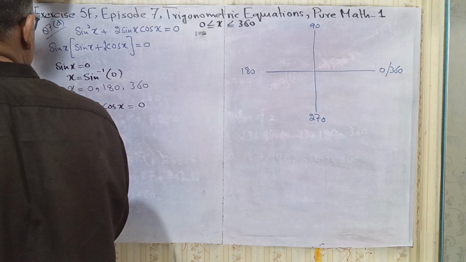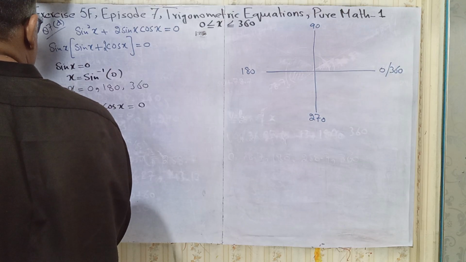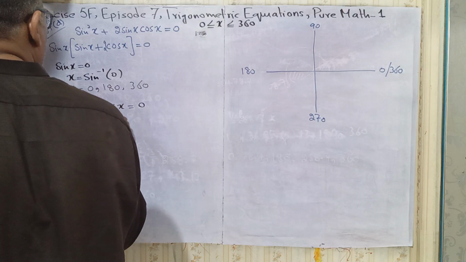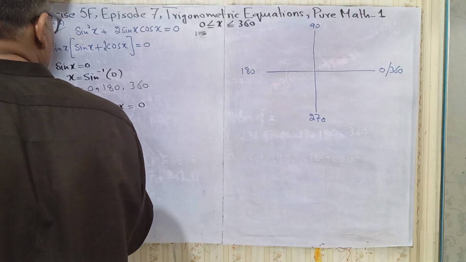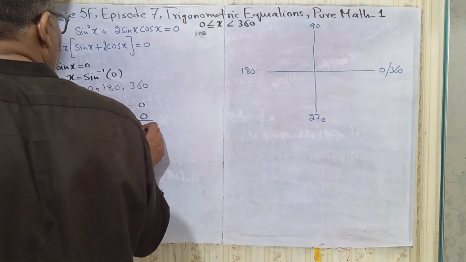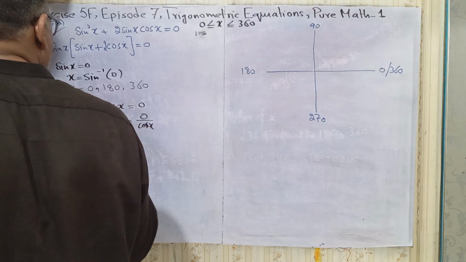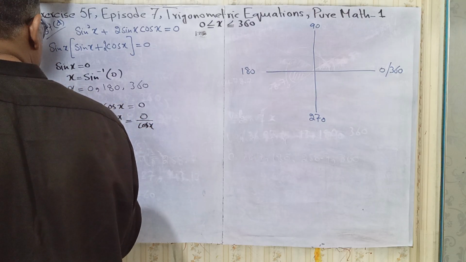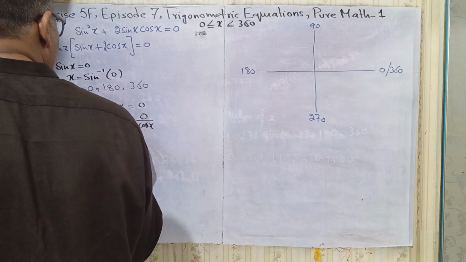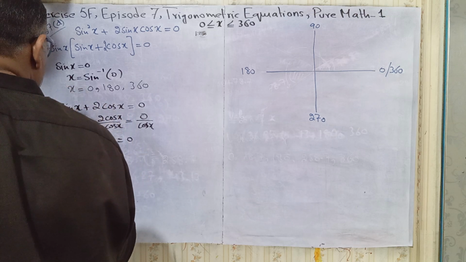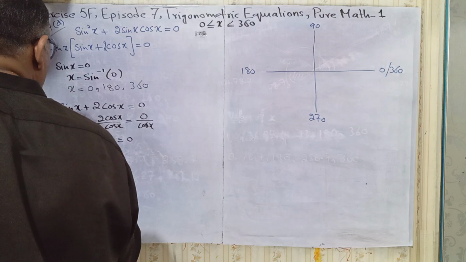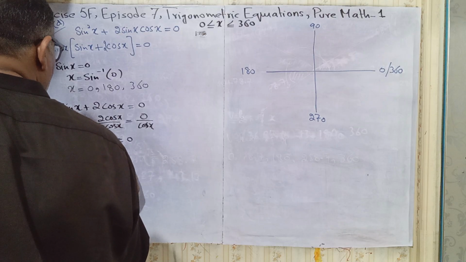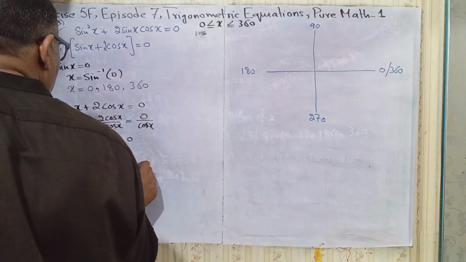Okay, the sine x divided by the cos x plus 2 cos x divided by the cos x, 0 divided by the cos x. So this will become tan x plus 2 equals to 0. So the tan x is equal to minus 2. So the x will be equal to the tan inverse of the minus 2.